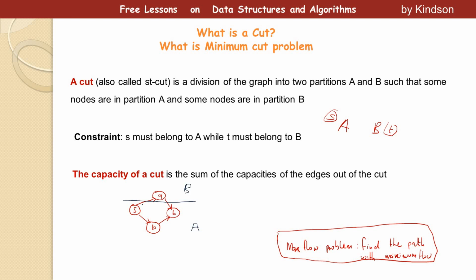So this is not a cut. Here we have S, T, B in one partition, then we have this in another partition, so it doesn't work.